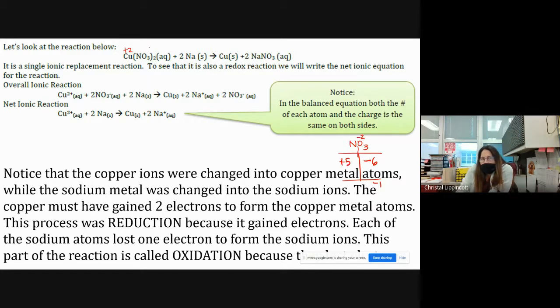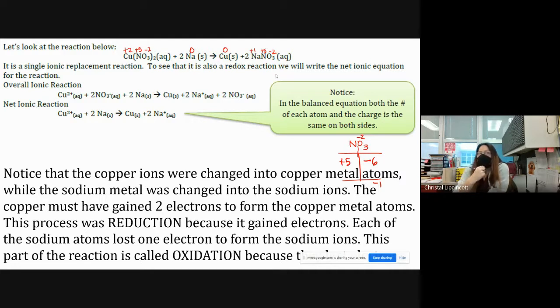So nitrogen is a +5. My oxygen is a -2. My sodium is by itself, so does it have a charge? No, there's no charge here. Copper's the same way. And then over here, this is a +1, this is a +5, and then the oxygen is a -2.